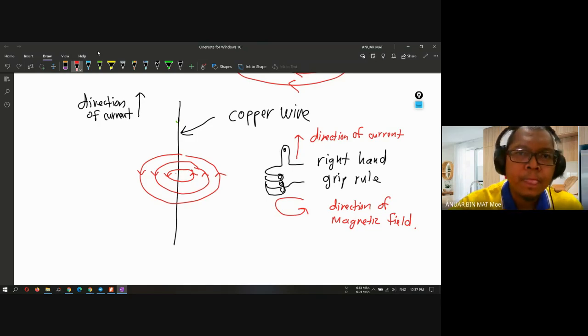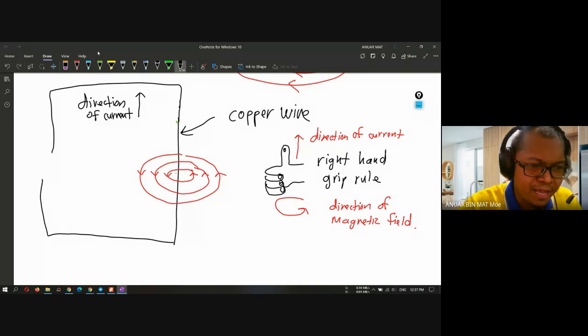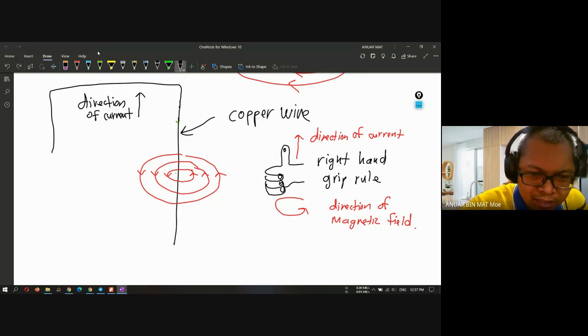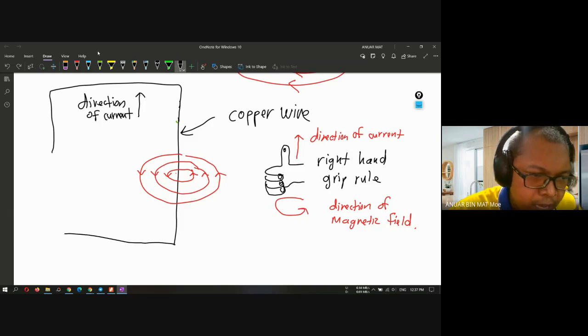Make sure the copper wire must be connected to what?